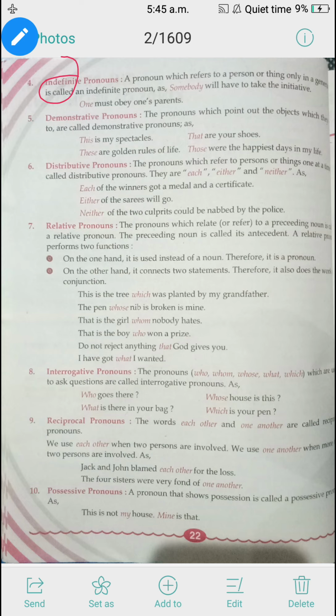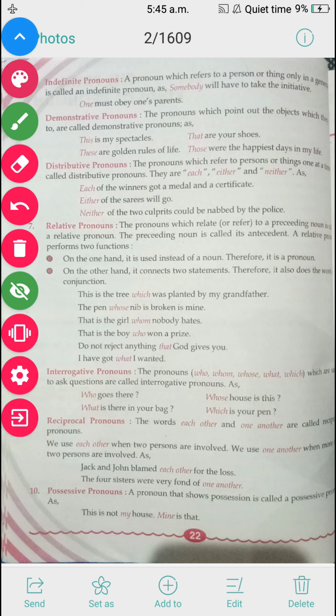Just see here, students, a pronoun which refers to a person or a thing only in a general way is called an indefinite pronoun, as somebody, or we can use someone, like one is also used. One must obey one's parents. This sentence is being said, but to whom it is not definite.